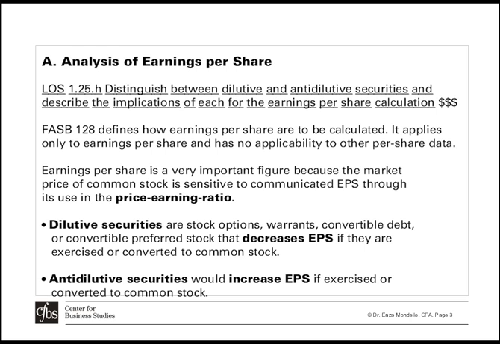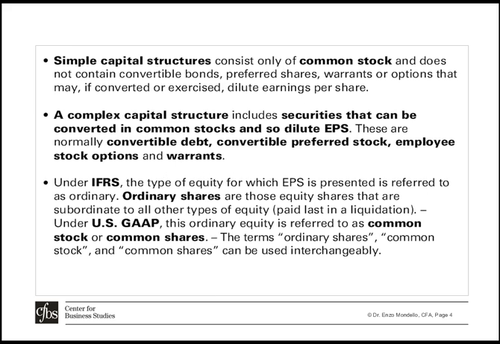Otherwise, if we include a security in the EPS calculation and the EPS goes up instead of going down, then this security would be anti-dilutive. So that's about this LOS, which requires you to know the differences between dilutive and anti-dilutive securities.